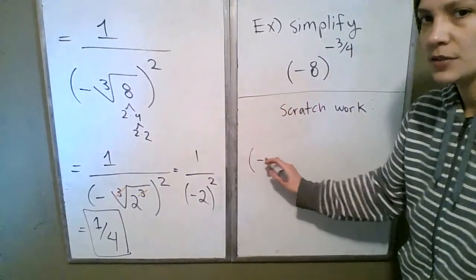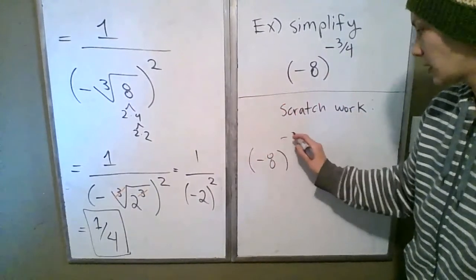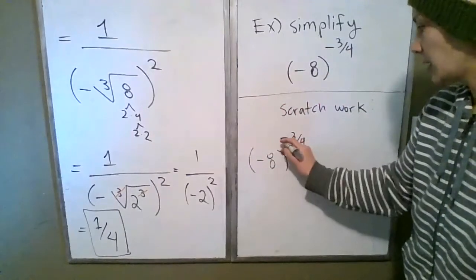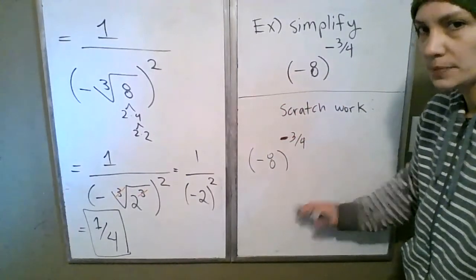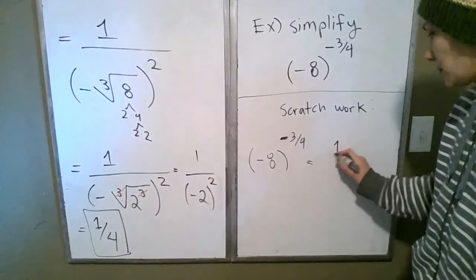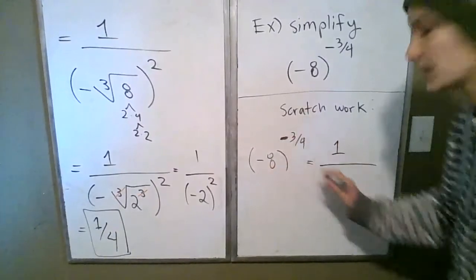The first thing I'm concerned about is the negative sign that's in the exponent. This one right here. So I would just put all of this under 1, and then the negative 8 has a power of positive 3/4.